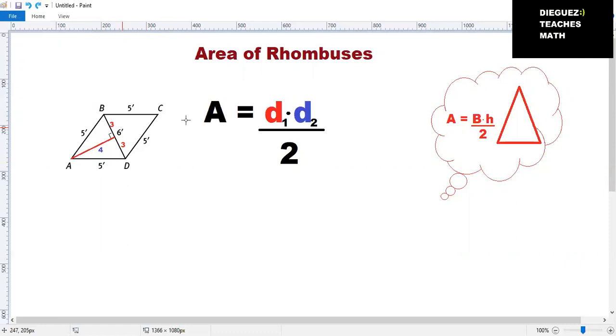Then on the diagonal 1 and the base, I can say I'm doing diagonal 1 times diagonal 2. That should be the same as base times height. So I'm going to say base is 6, and the height of the triangle is 4. To get the area of this triangle, I would say 6 times 4.